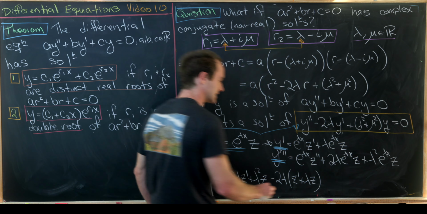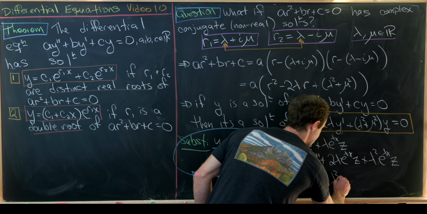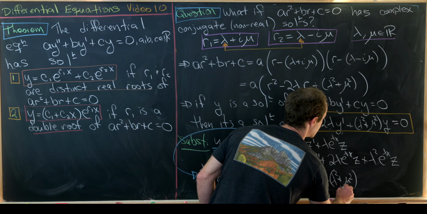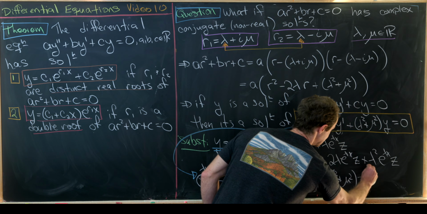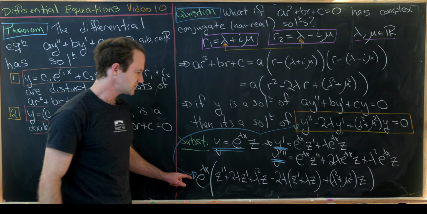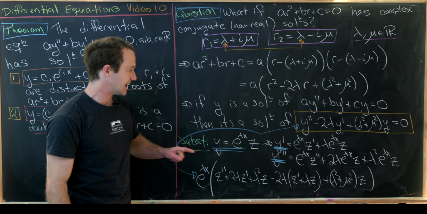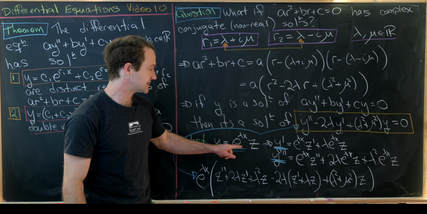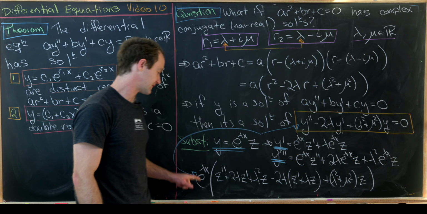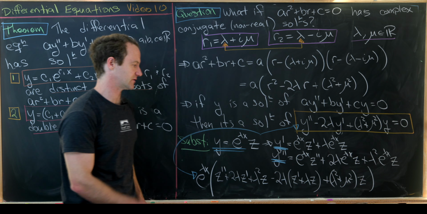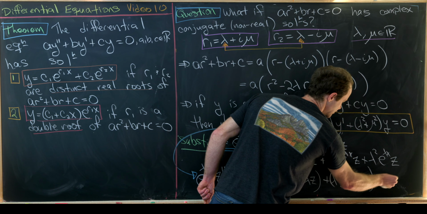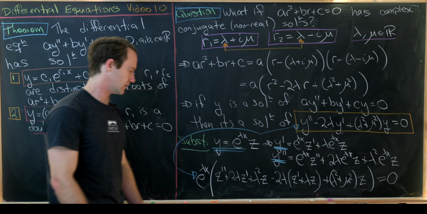And then I finally have a lambda squared plus mu squared times z left over. So again, that is what we get from doing this substitution on our starting differential equation. It turns it into this differential equation. And I guess I should say put this equals 0.